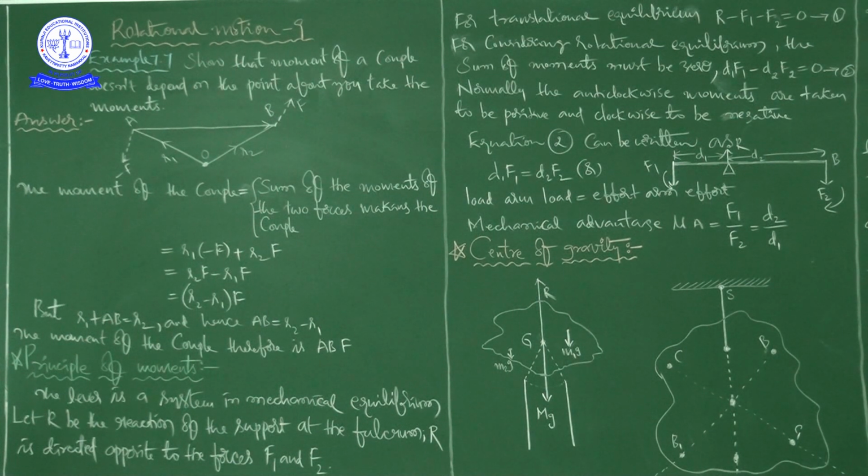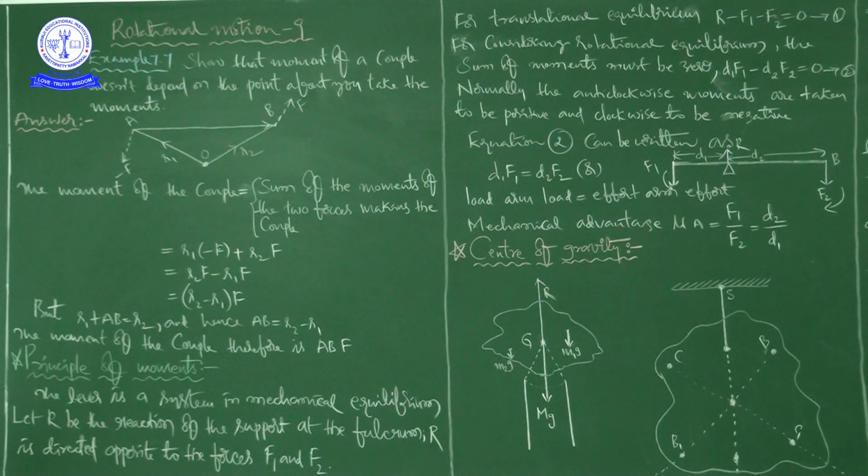And here also, two forces F1 and F2, and see the moments of forces also. Two forces F1 and F2, parallel to each other and usually perpendicular to the lever, act on the lever at distances D1 and D2 respectively from the fulcrum.